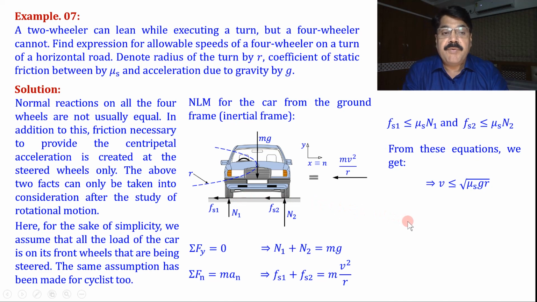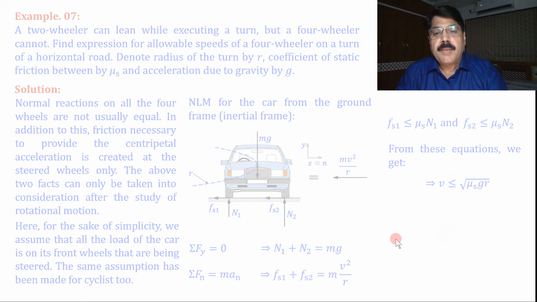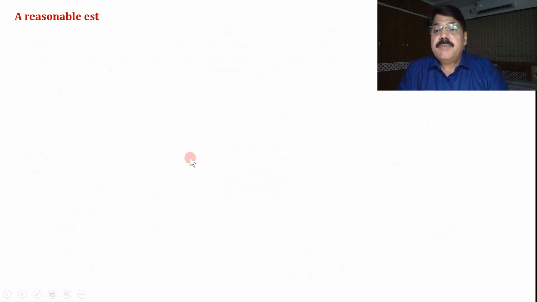From here we can get a very important idea, and we try to estimate this speed limit for reasonable values of mu s, g and r. Reasonable means very useful values. So r is about 10 meters; in the city, a 10 meter track radius is very common. mu s is 0.64.